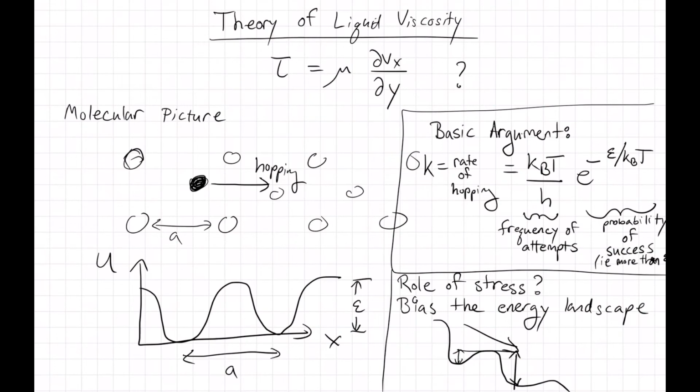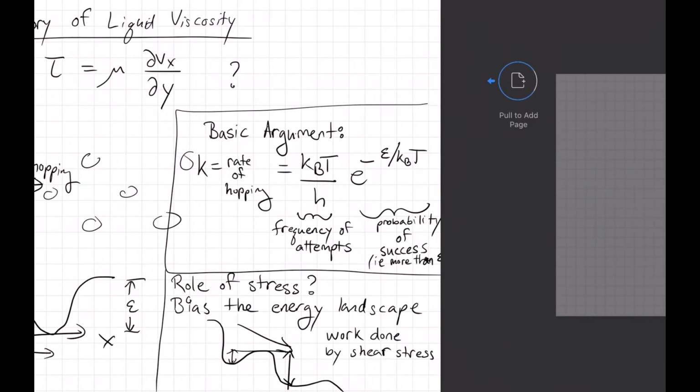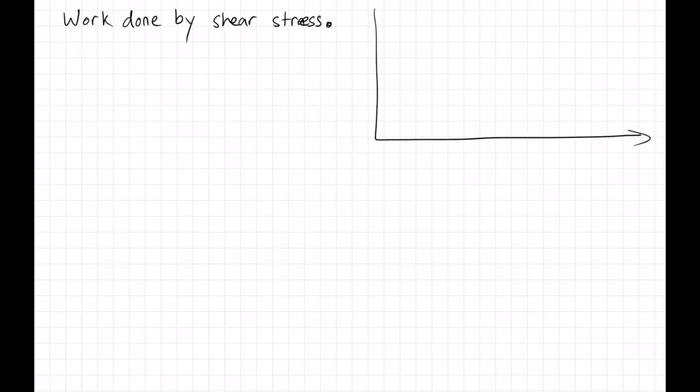So in other words, you can think about it as lowering the energy barrier if I'm coming from the left-hand side of this picture, or raising the energy barrier required to get over the hump if I'm trying to move in the leftward direction. We can try and apply some mathematics to that by using that to change our energy landscape and change our rate of hopping.